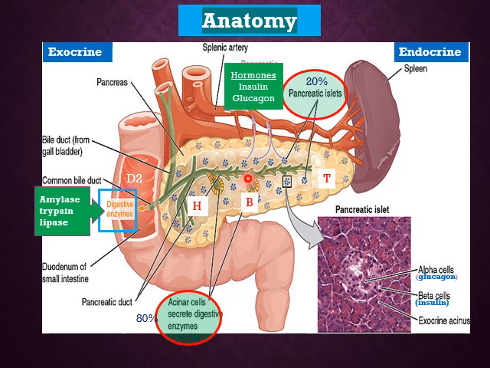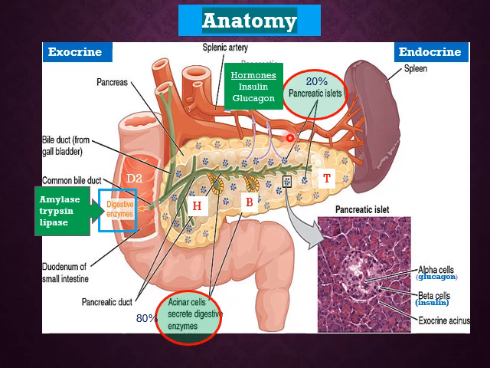These are carried into the main pancreatic duct, which runs throughout the length of the pancreas, and it enters into the second part of the duodenum as the ampulla of Vater after being joined by the CBD. Therefore, the digestive enzymes are secreted into the second part of the duodenum.